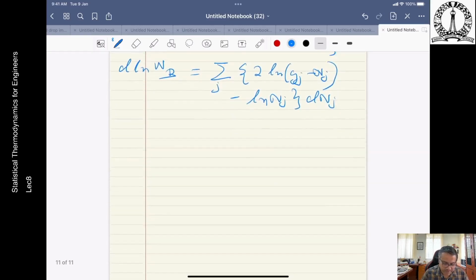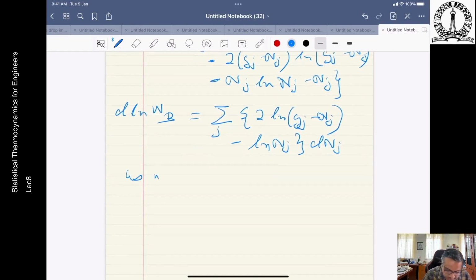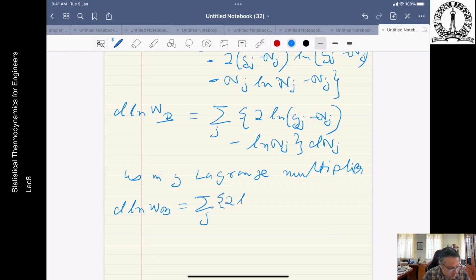dNj. Correct. Okay. Now there can be only one Lagrange multiplier in this case. So that is given as d ln Wb into sum over j of 2 ln Gj minus Nj minus ln Nj minus beta Nj dNj is equal to 0.